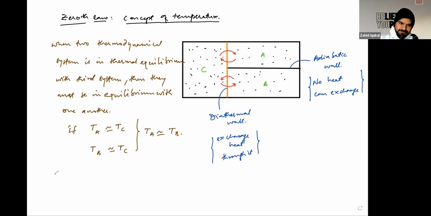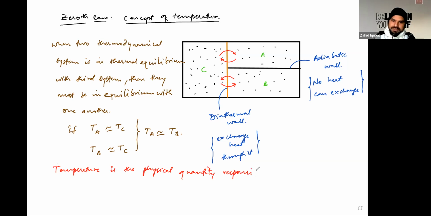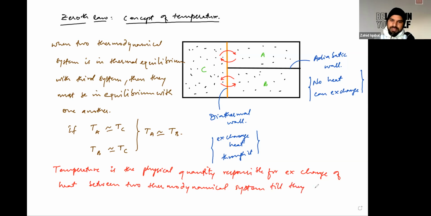So we can state from this part: temperature is the physical quantity responsible for exchange of heat between two thermodynamical systems till they acquire thermal equilibrium or equal temperature. Any doubt related to this entire concept of the zeroth law?